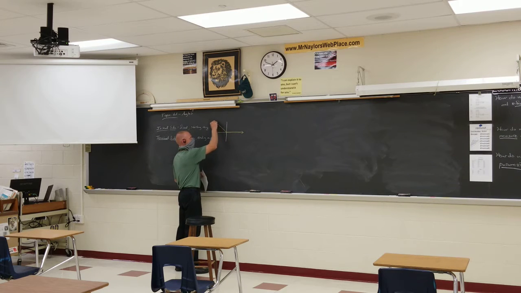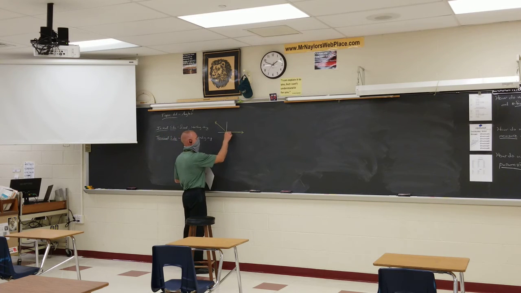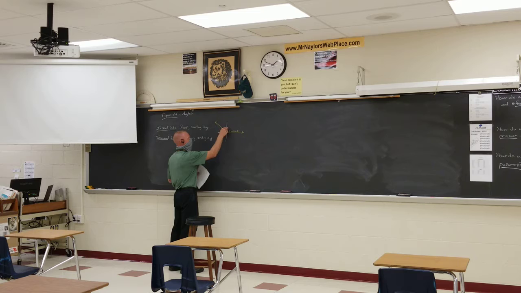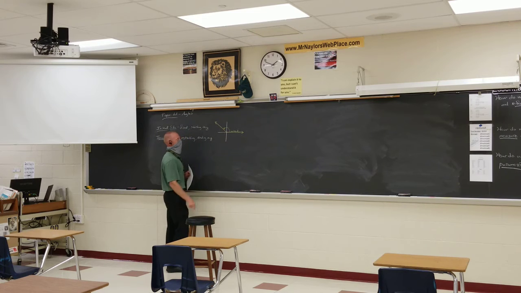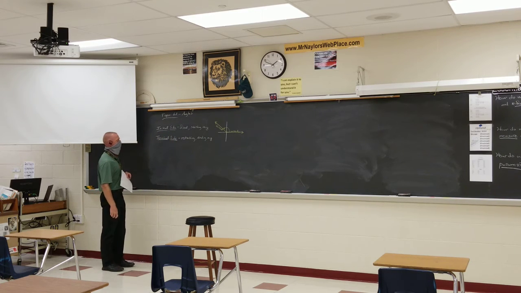And the angle, of course, is made up of two sides or two rays. Well, one of these rays is the initial side. And that will be the one that is on the x-axis. And then since we rotated to this ray, that would make this one the terminal side. That's all when we talk about the two sides of an angle.